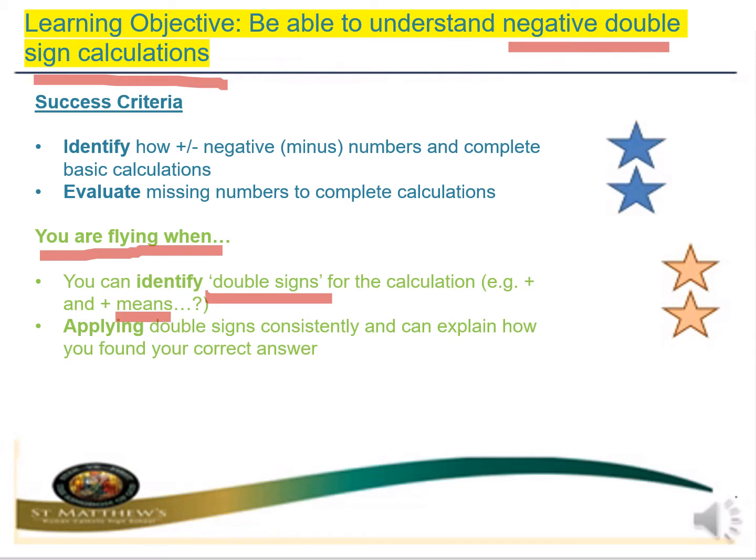And then we're going to be looking at applying the double signs consistently to your questions to get your answers, and hopefully they'll be right. And how can we explain how we found that answer? So I'm looking for you to understand the double signs and be able, at the end, to explain what double signs mean and how you got to your answer.